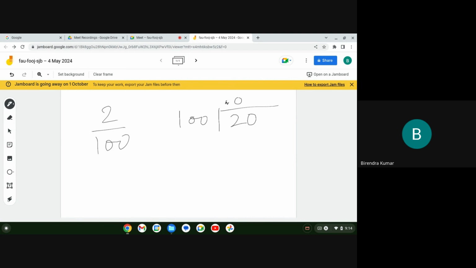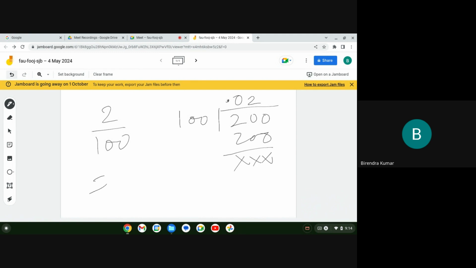There are no two decimals. You can have only one decimal. So after you put the first decimal, you got a 0. It is less, so I want to increase it. Now 100 times 2 gives me 200. Done. This is my answer.